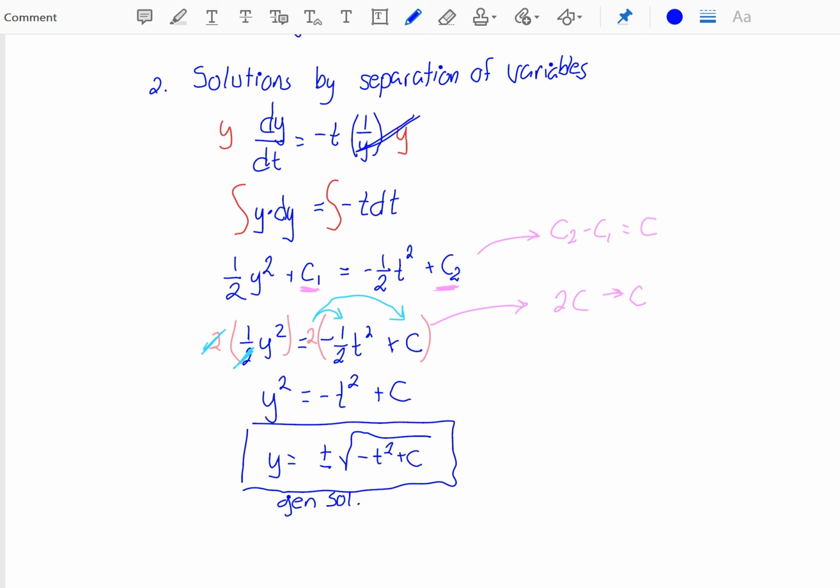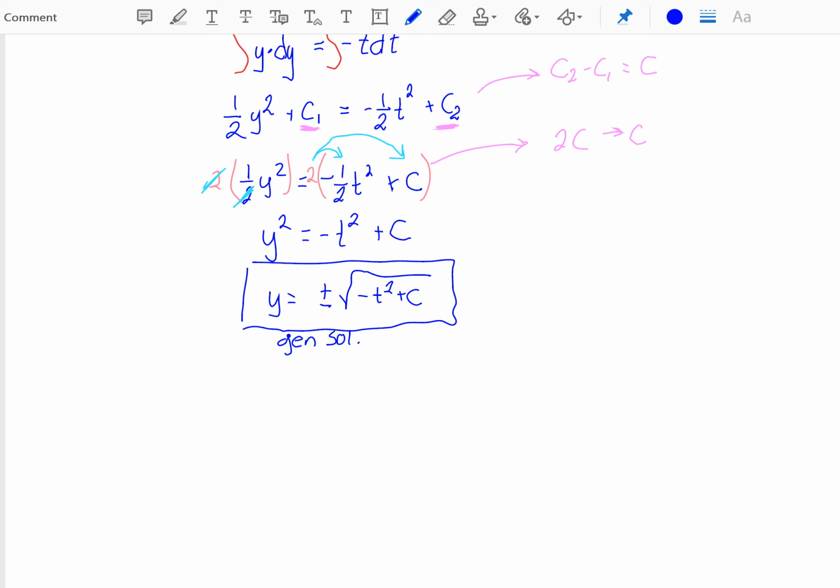However, our problem was an initial value problem, so we should go further and solve for our value of c. Now for our IVP, recall we had y of 0 was 2. So let's find the specific constant that we need so that this will be 2 when you evaluate at 0.